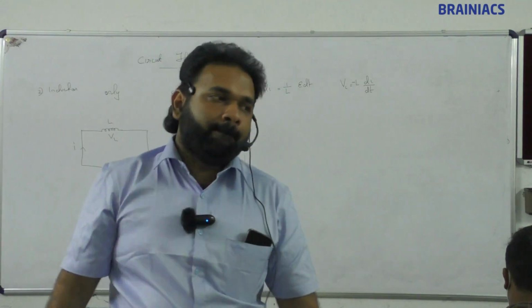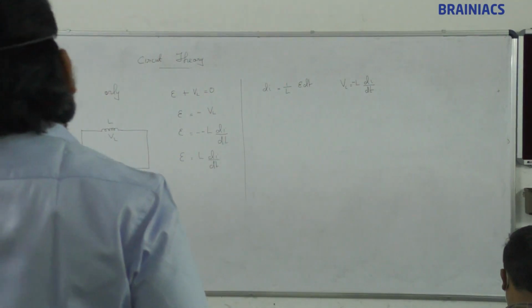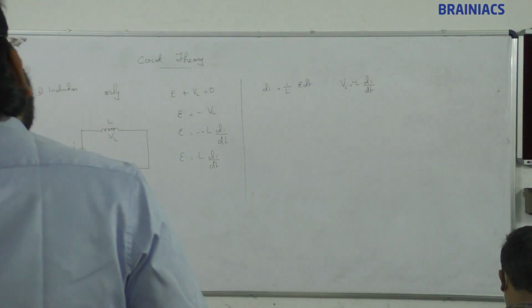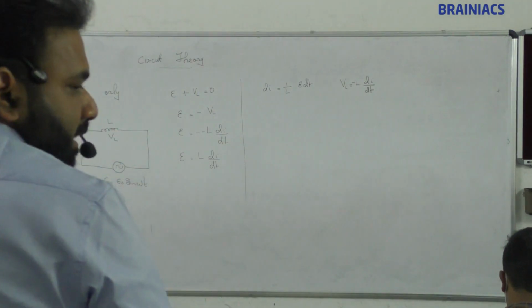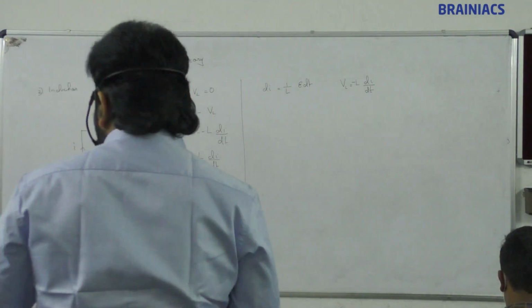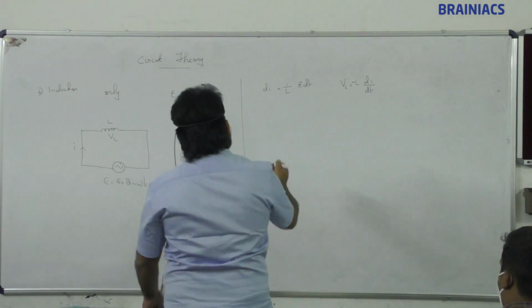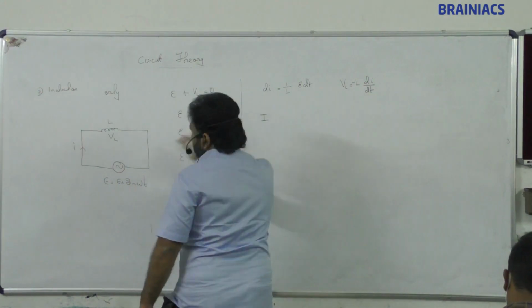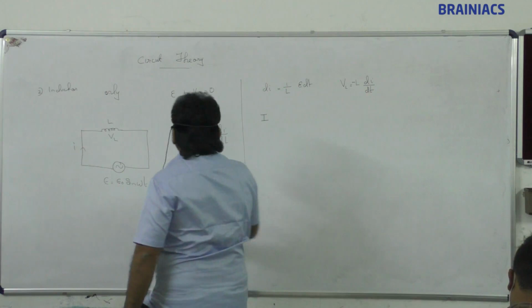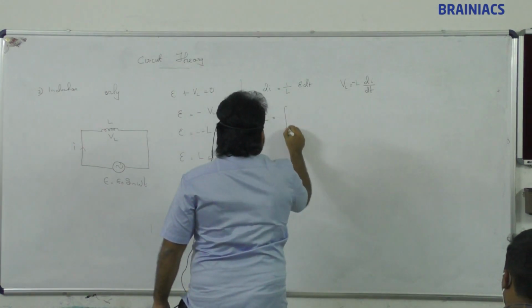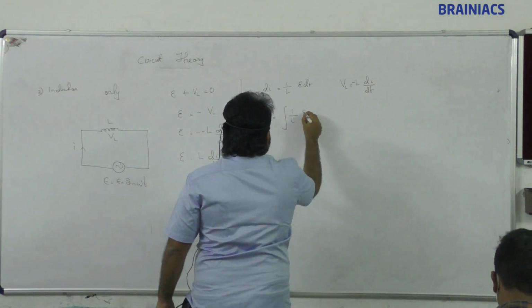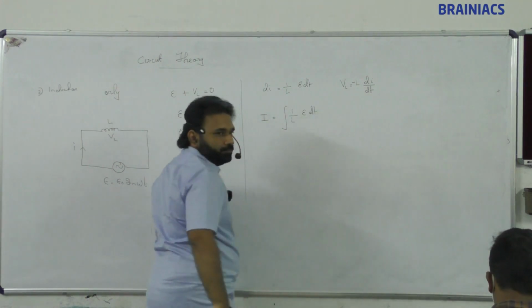Correct or what? A small value of current for a small duration will be nothing but di is equal to 1 by L E dt. So for the full current value, this I is nothing but the integral of 1 by L E dt.